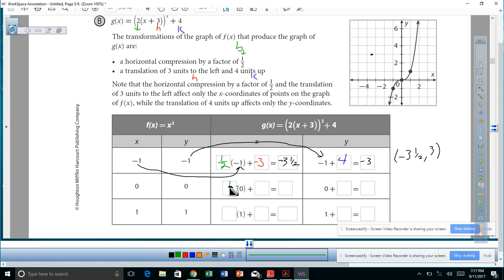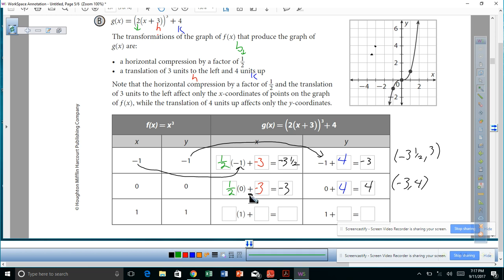Okay. The next one, you're going to do the same thing. You got 1/2 times 0 plus -3, and that's going to give you -3. And then you got 0 plus 4, which is going to give you 4. So your next ordered pair is -3, 4. So let's find -3, and then 4 is going to be right there. And we'll do the third one.